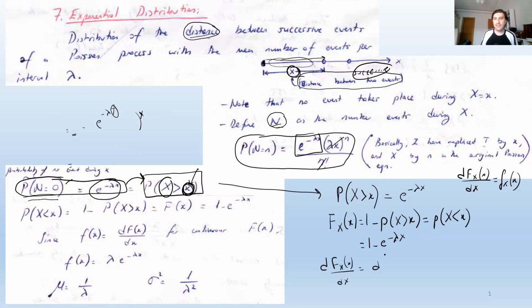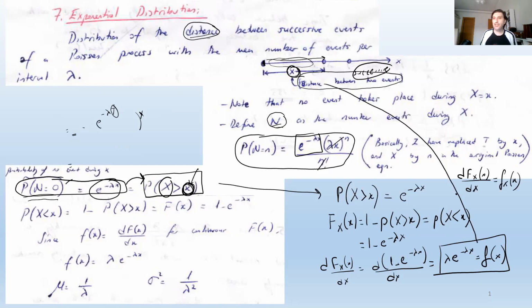So if you do that, it's going to be d of 1 minus e to the minus lambda x over dx. We are going to end up with lambda e to the minus lambda x. And this is going to be the probability density function of x. And what was x? X is the distance between two successive events. That's exactly what we were trying to achieve.